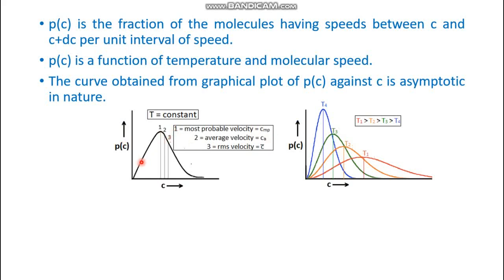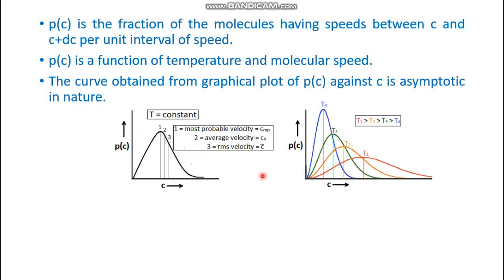Now this asymptotic curve is for a particular constant temperature. If temperature is changed from higher to lower or lower to higher, then the nature of this curve changes a little bit, and the most probable velocity shifts to the right-hand side with increasing temperature and to the left-hand side with decreasing temperature, and at absolute zero it gets narrower and narrower.